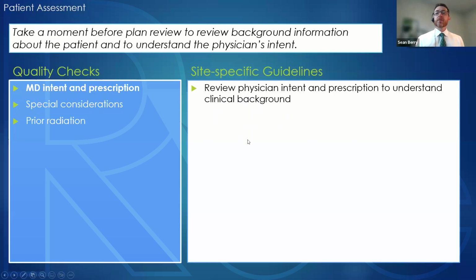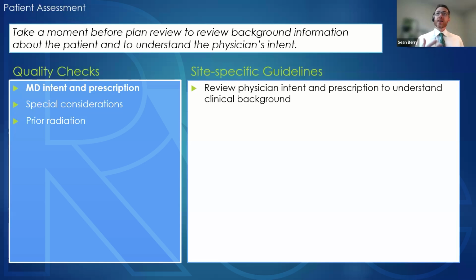And you want to review the physician's consultation note, and you just want to see what kind of cancer this patient has, where the disease is, paying special attention to things like laterality, or if you're treating a vertebral body, to make sure that they're identifying which vertebral bodies want to get treated so you can verify those are the ones that actually are getting treated.